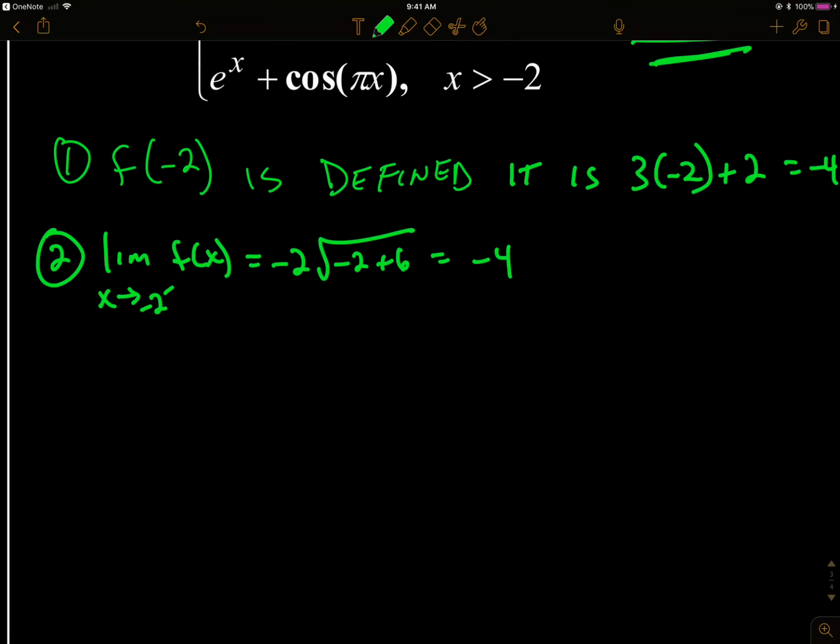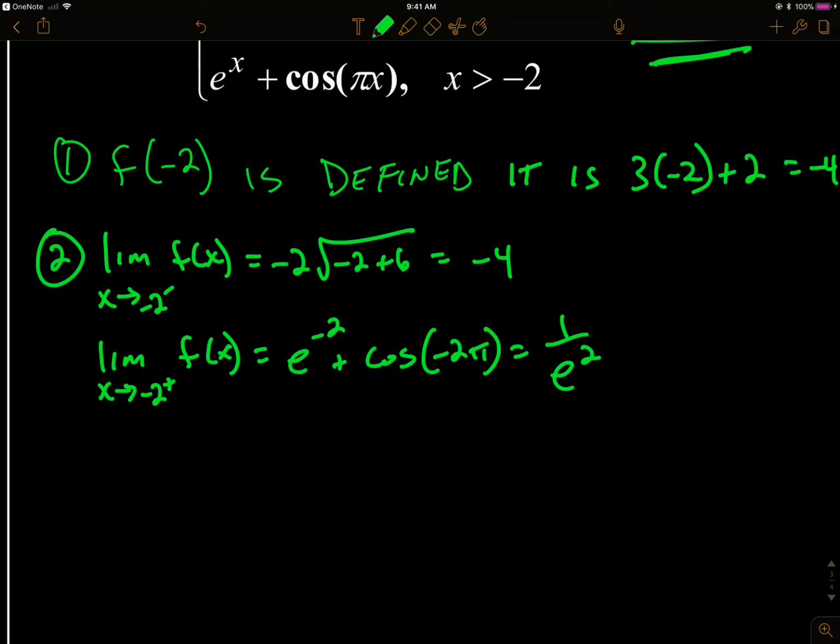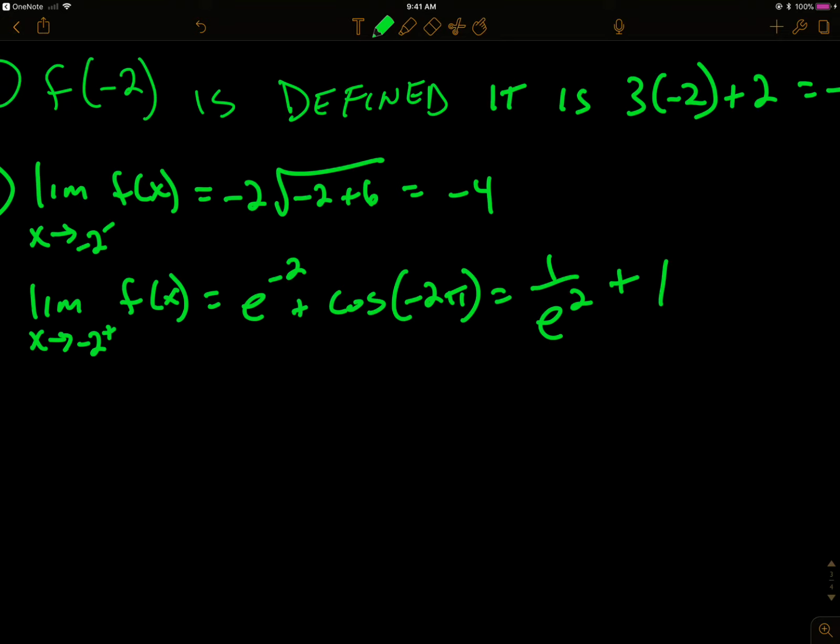Now we have to do the limit from the right. So from the right, I'm choosing the function where x is slightly bigger than -2, and you do direct substitution. On that guy, we get e to the -2 plus cosine of -2 pi, which is 1 over e squared, and then cosine of -2 pi gets me back at 0, so that's just 1. So that value is clearly not equal to -4. The limit from the left and the right do not agree.